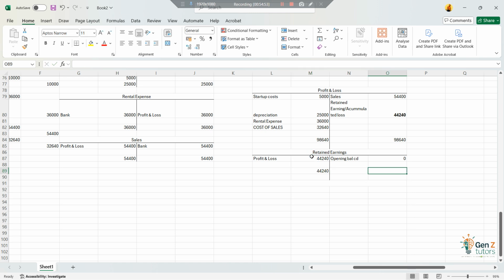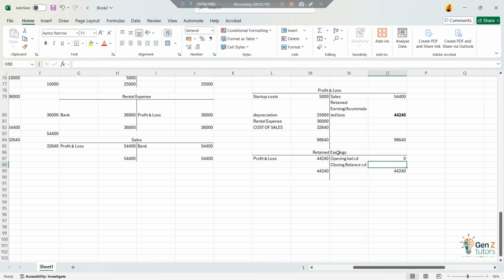Our retained earnings have an opening balance on the credit side. And remember, with opening balance and balance carried down, at the inception of the year we had nothing at the beginning of the year. But now, what did we have? We had our profit and loss, which actually occurred over here, which in this situation is a loss, since it's going where? On the debit side of retained earnings, right?